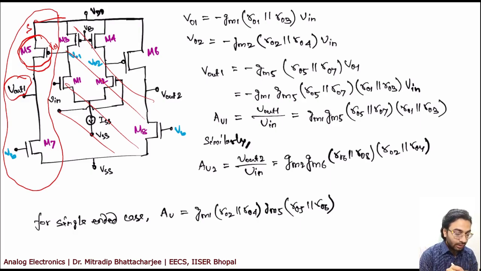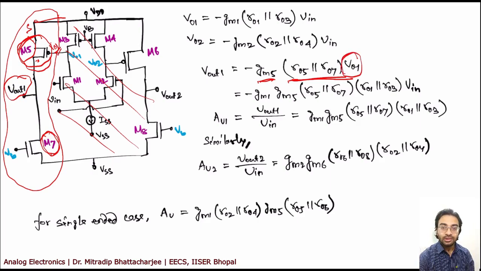For a common source amplifier, the gain is minus GM5 into R05 parallel R07. This is your load, so the output resistance of this transistor will come in parallel on the output side. If you remember the equivalent circuit which I showed previously, it is very clear that your Vout1 in this case will be minus GM5 R05 parallel R07 into VO1, because VO1 is the input this time. Replace the value of VO1 over here.